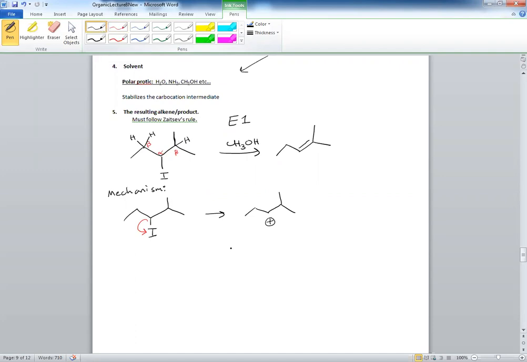And of course, the next step would be the attack of the base at the proton. And if you notice, you're forming the double bond between the alpha carbon and the beta carbon. So that would be your resulting product.